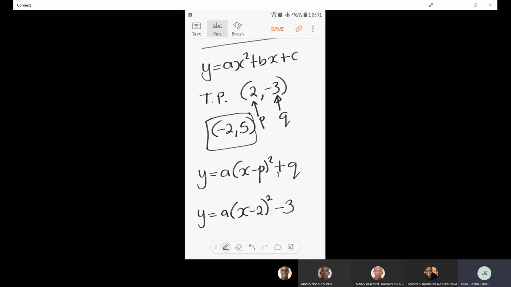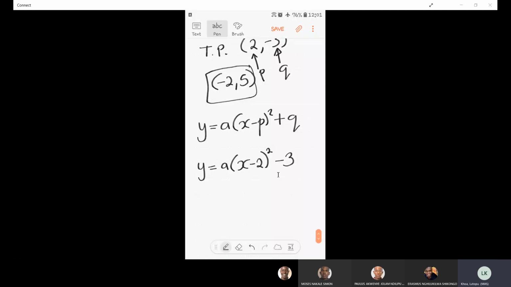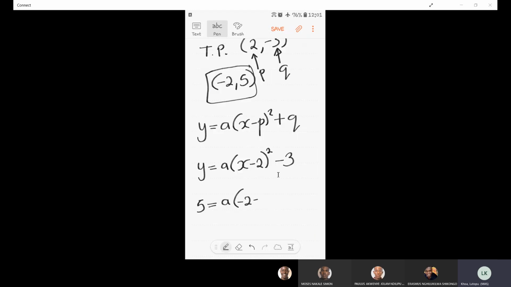Then this point, we are told, lies on the parabola. That means it must satisfy the parabola. So you substitute x for minus 2 and y is 5. So I have 5 is equal to a times minus 2 minus 2 squared, minus 3.